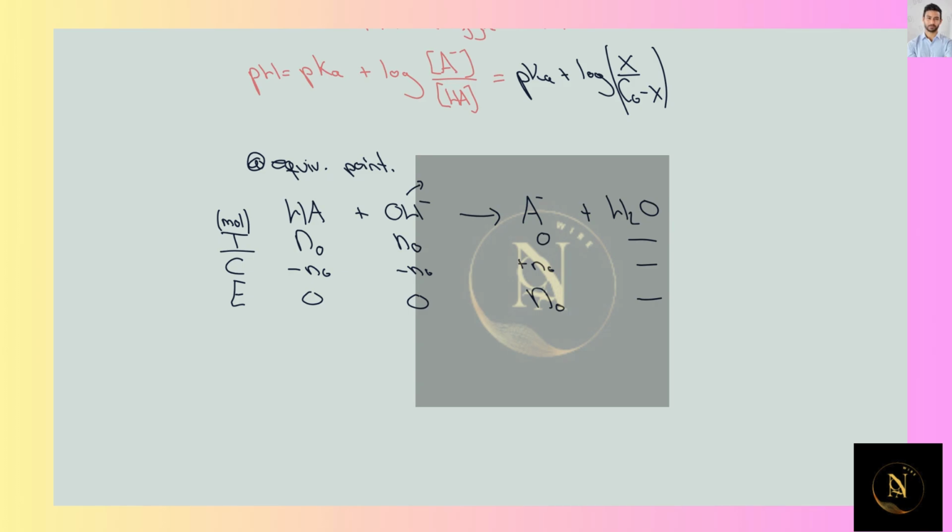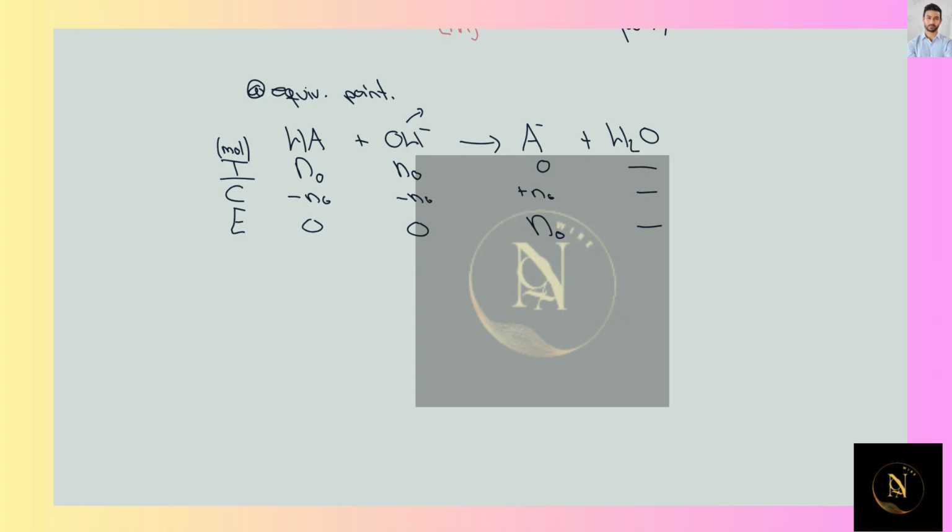But this is not correct. Let's remember that a weak acid can react with water. So, at the equivalence point, we have a different equilibrium that corresponds to A minus plus water producing HA plus OH minus. And the pH is going to be given by the concentration of OH minus that we're going to find.